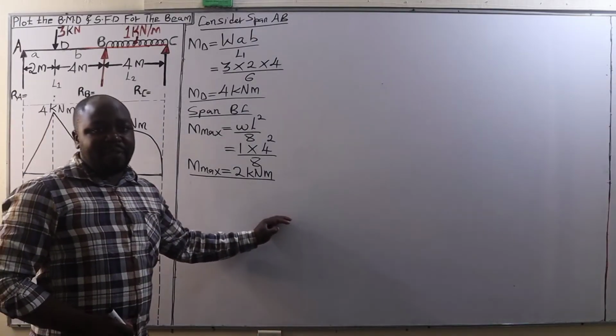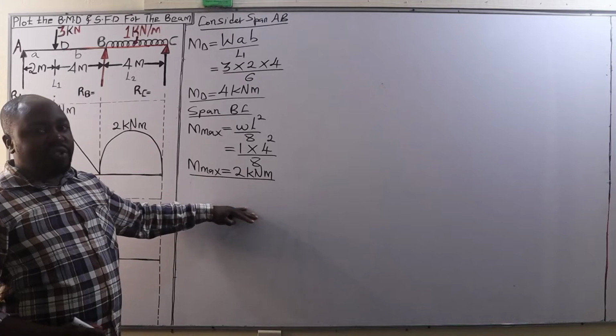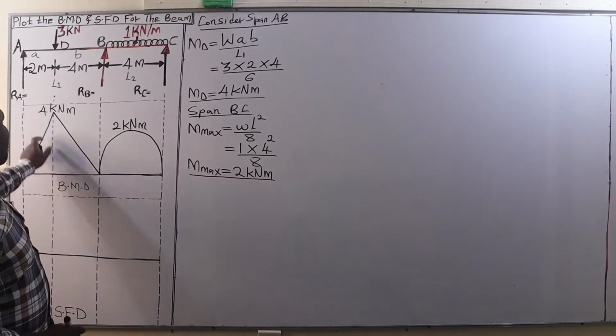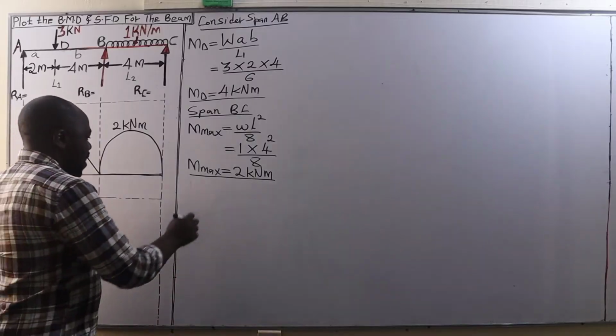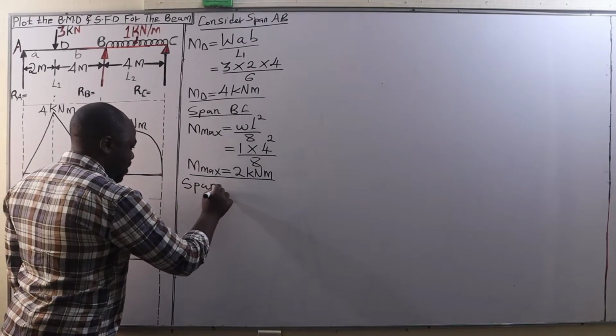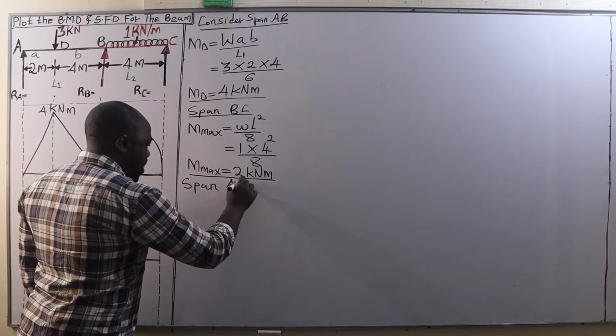Good. Then from there, we are going to determine the area of this bending moment diagram between A and B. Therefore, we go to the same span again, the span AB.